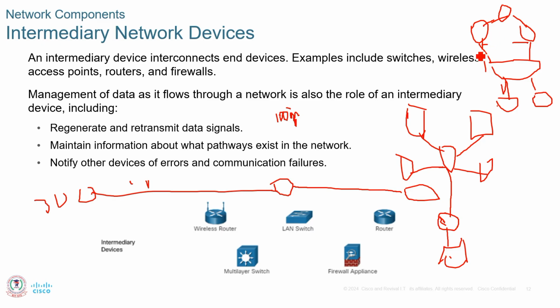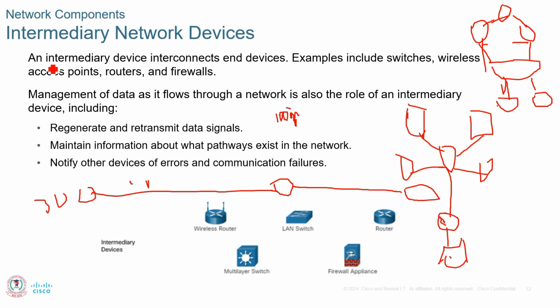Another thing, it notifies other devices of errors and communication failure with the help of some particular protocols. When the devices are well configured with protocols like SNMP, it helps to generate notifications based on issues within the network. So that is a function of intermediary network devices.